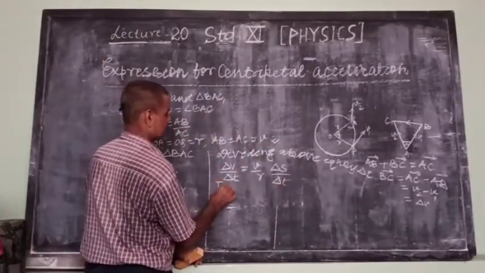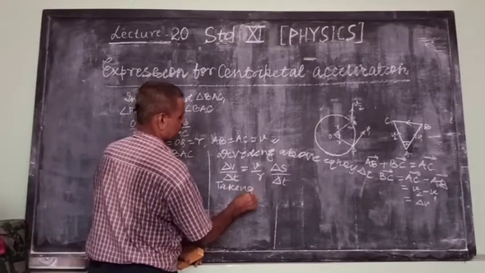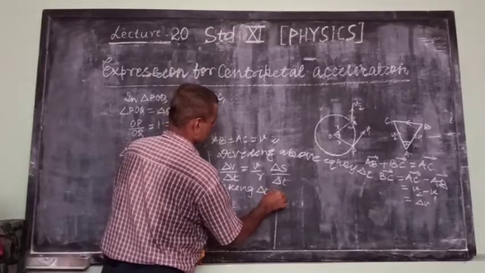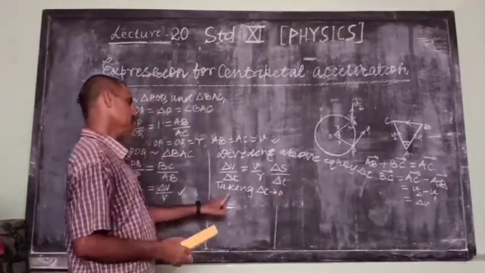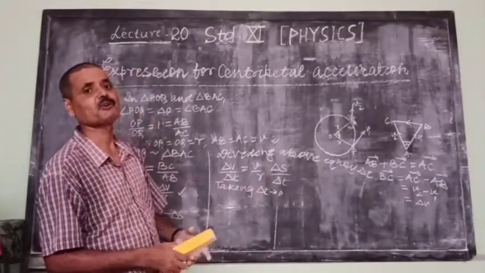Now I am going to take delta T tends to 0 in the above equation.